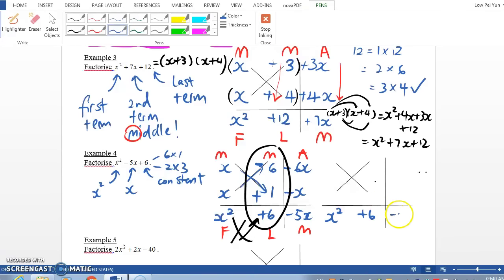Okay, so let's try. We have another pair, and the pair will be 2, 3. So at this stage, I don't put the signs first, or rather I do the cross multiplying first. 2x, 3x. In order to add these two to get a -5, both have to be negative.